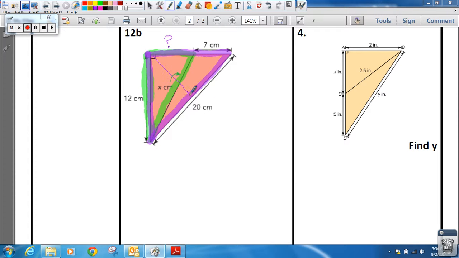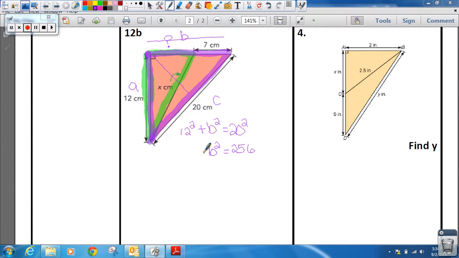Well, across from my 90 is my C. I have A. I need to find B because B would be my total length here. So A squared is 12 squared plus B squared equals 20 squared. So I subtract 12 squared from both sides. So 20 squared minus 12 squared would be 256.